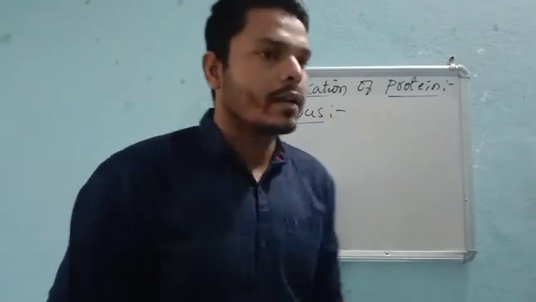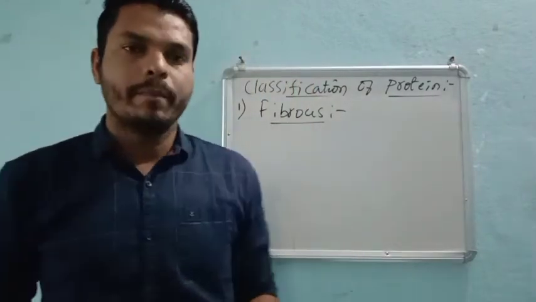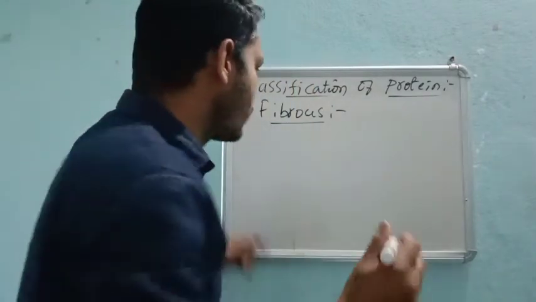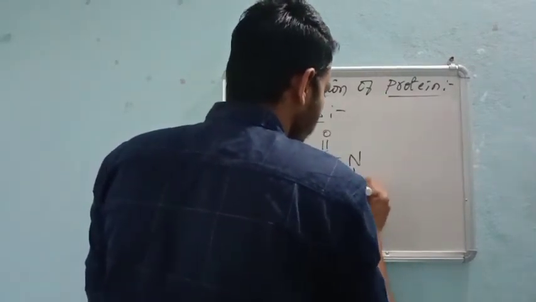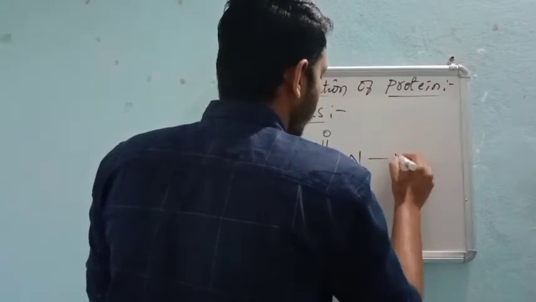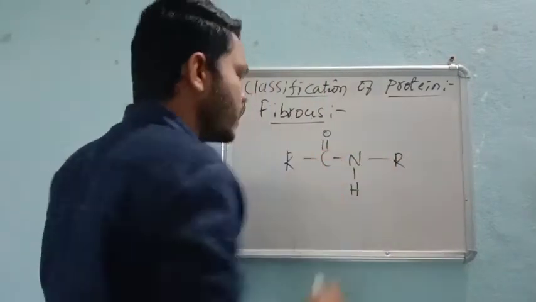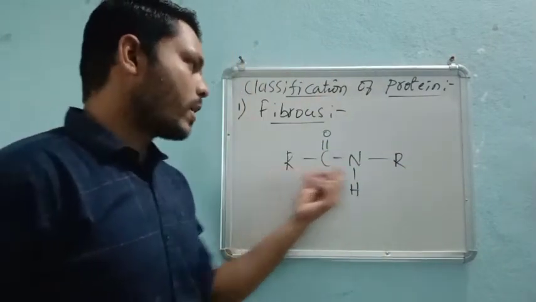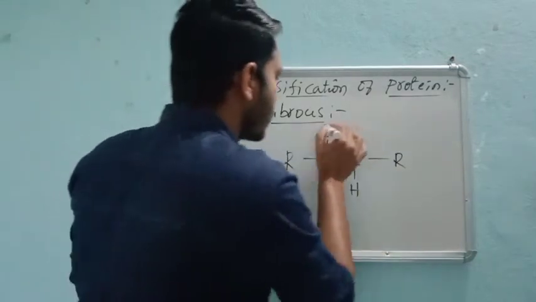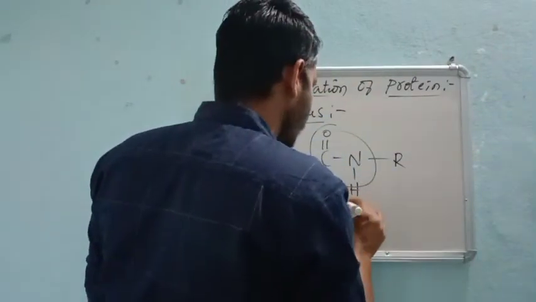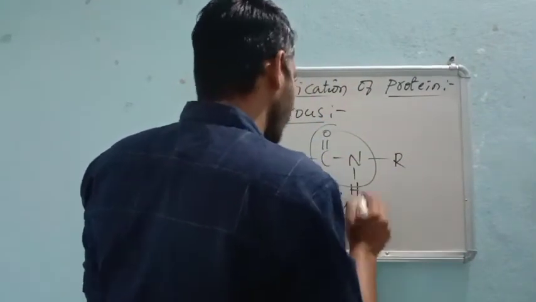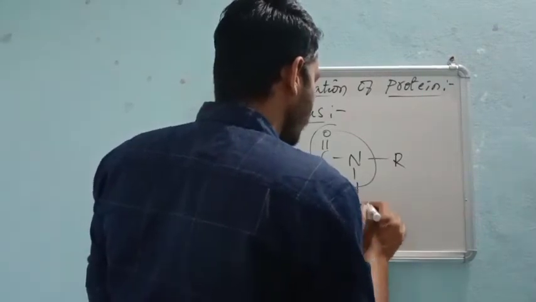These look like polypeptide chains. A polypeptide chain is like this. I will just show you. There will be R, that is a hydrocarbon chain. Poly means many chains are there. This type of formation is called polypeptide or peptide.